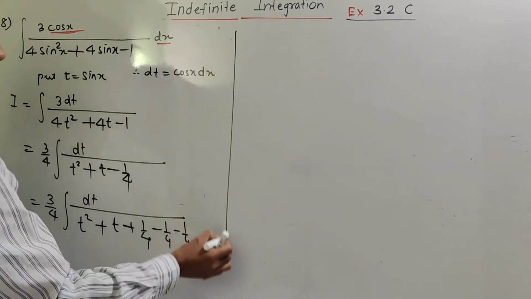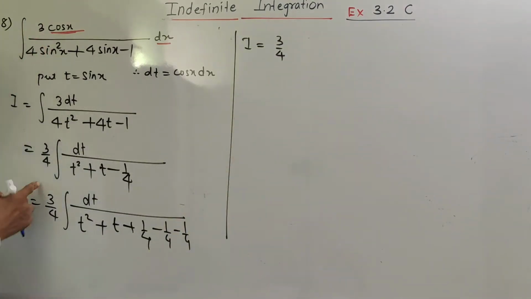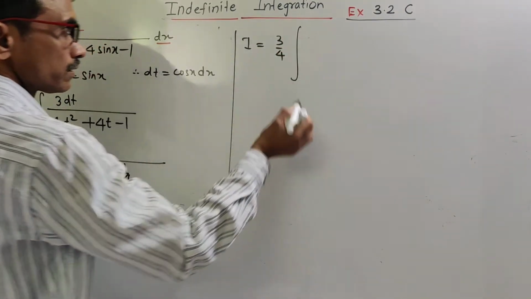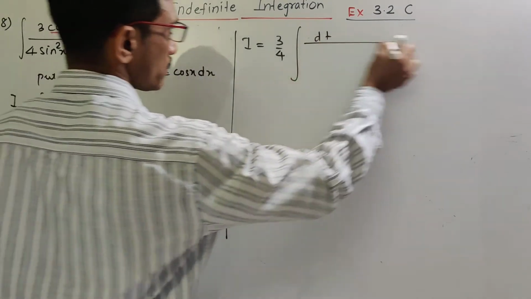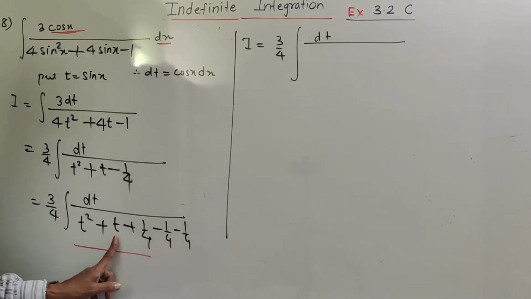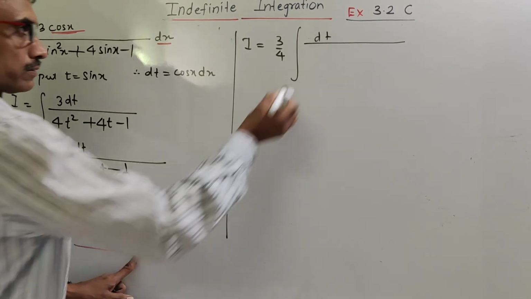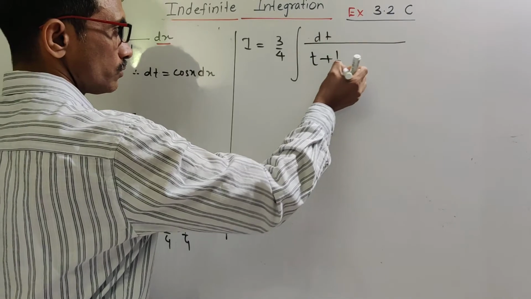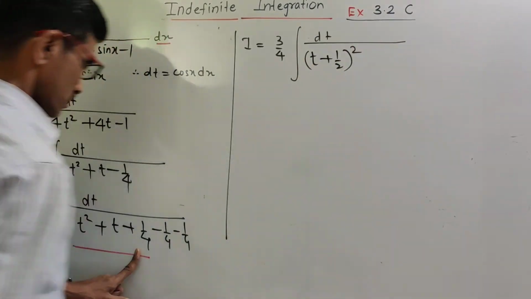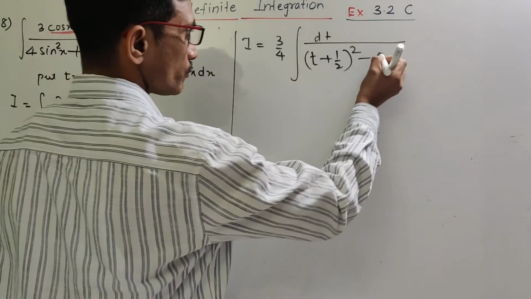Now I is equal to 3 by 4 integral dt upon, now t square plus t plus 1 by 4 is t plus 1 by 2 whole square, and minus 1 by 4 is minus 2 by 4.